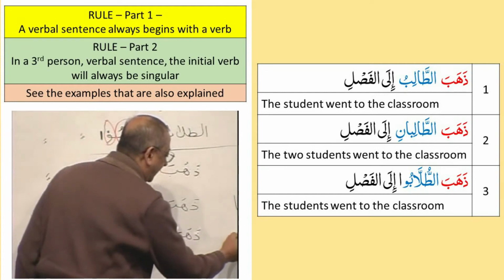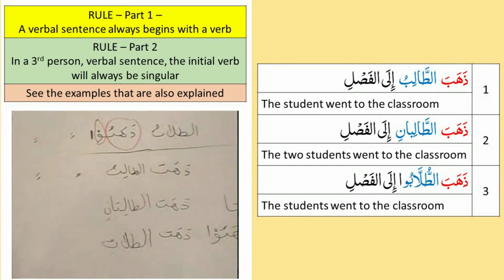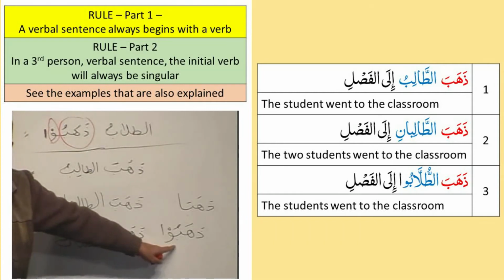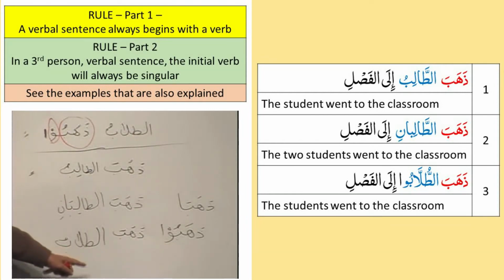If you say zahabu at-tullabu, brothers and sisters, you have a fa'il here and you have a fa'il here. You can't have two fa'ils in a sentence.